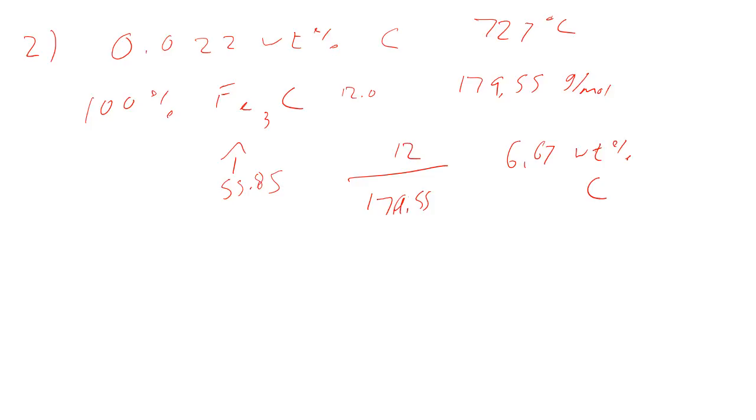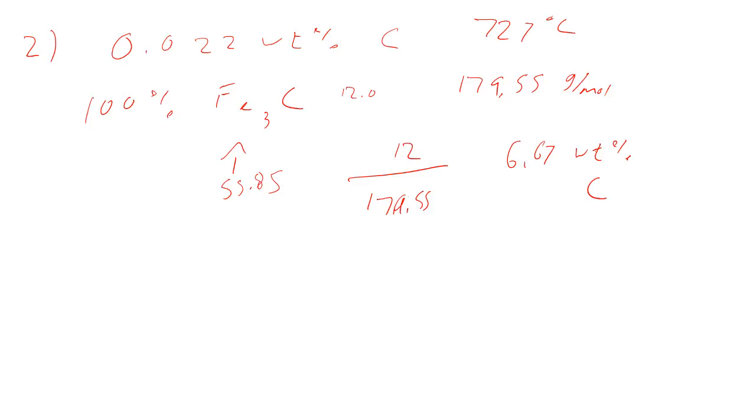Then how do we determine the fraction if it all precipitates out? The fraction of Fe3C. It's a lever rule problem. It's a binary phase diagram.